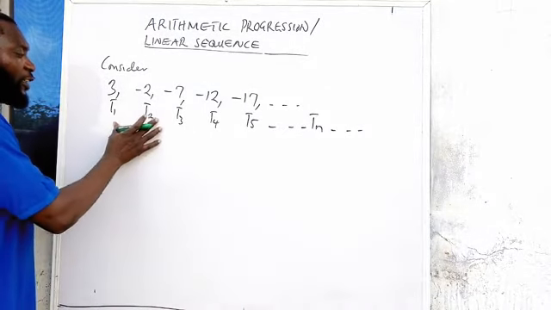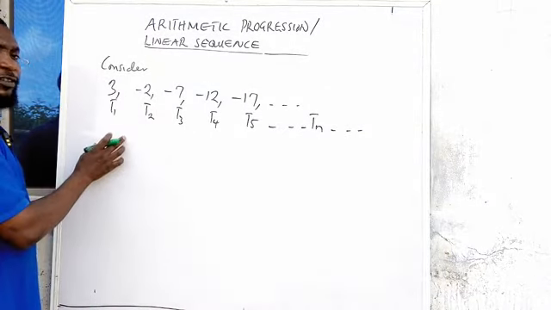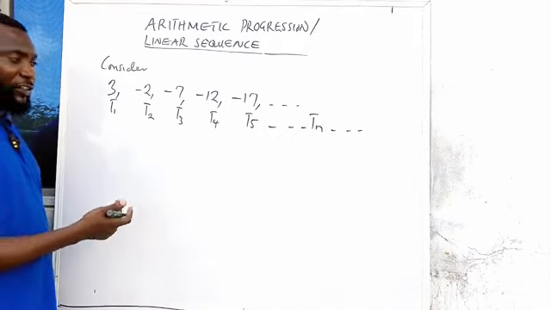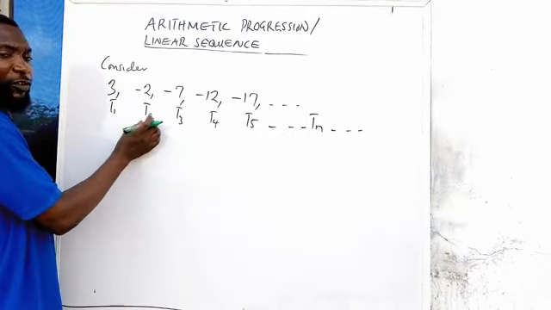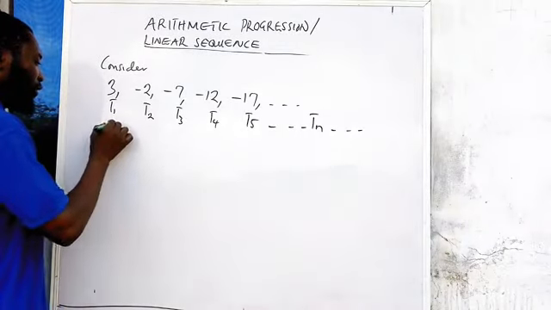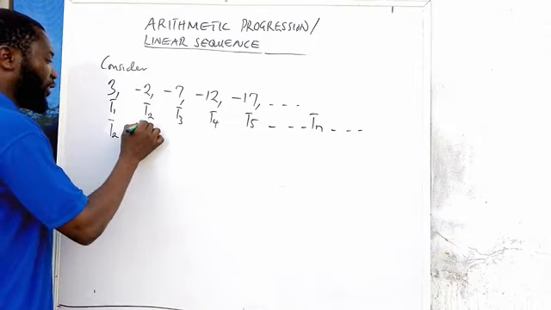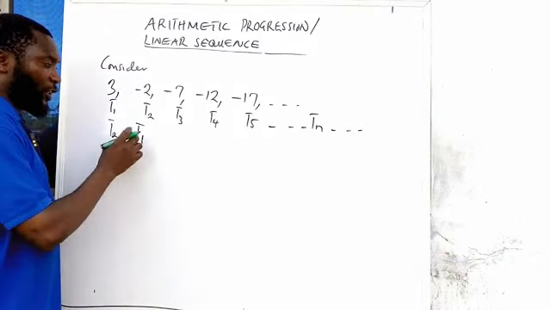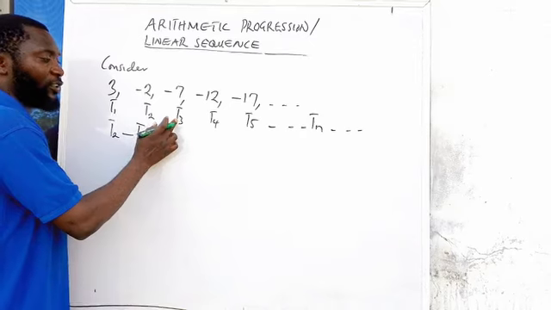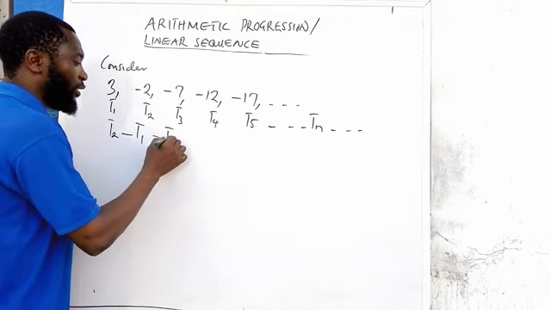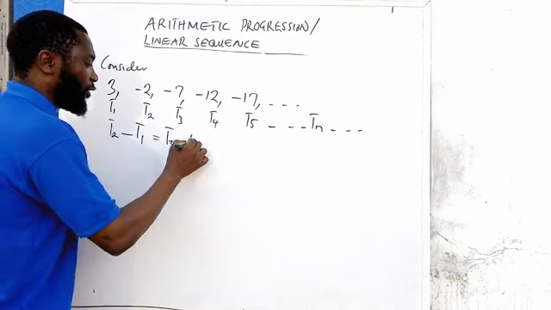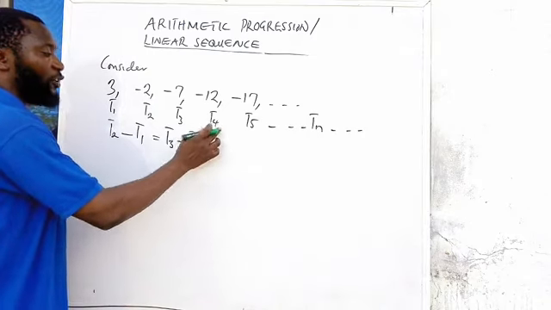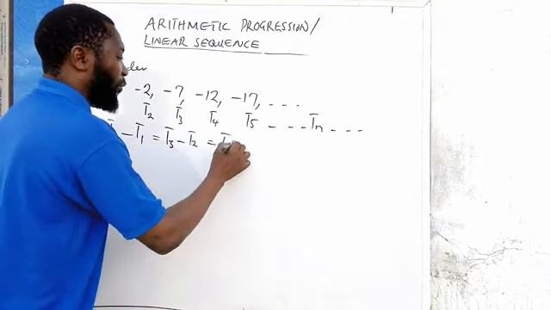Now here is our first term. This first term is known as T1. To generate the common difference, we take the first term from the second term. So it means T2 minus T1. And to generate the common difference again, we can say T3 minus T2, or T4 minus T3.